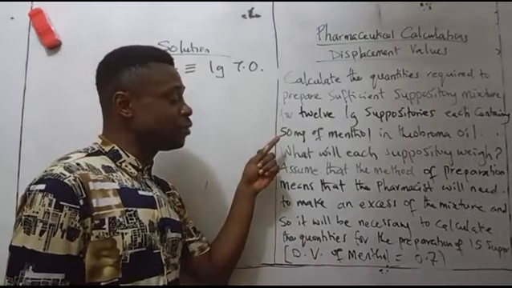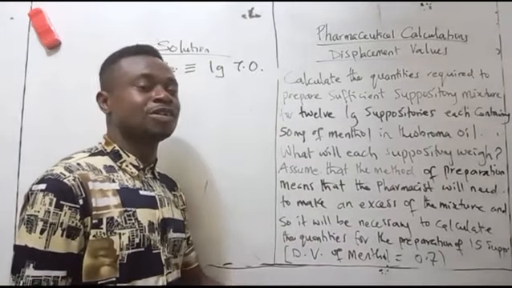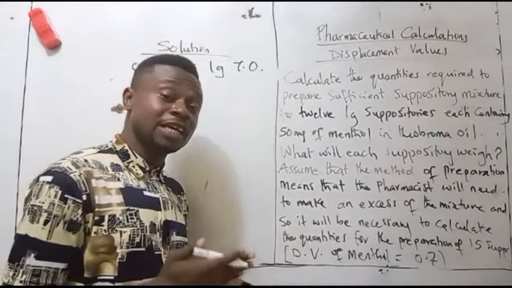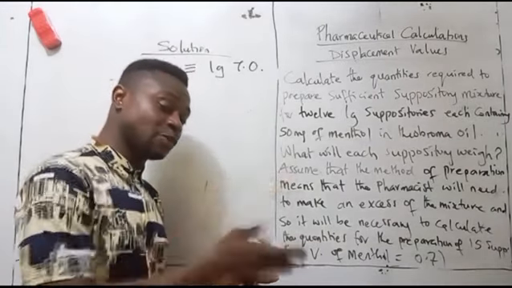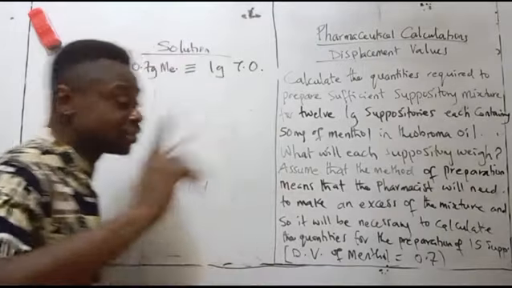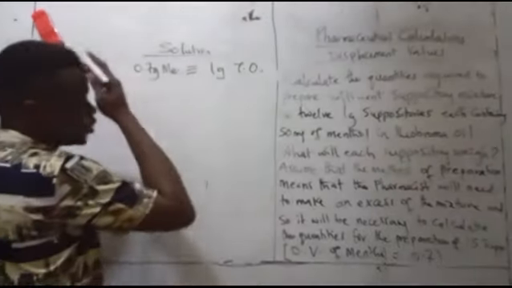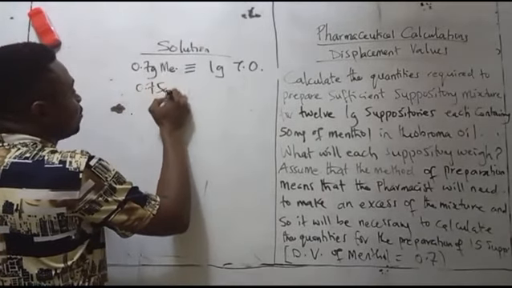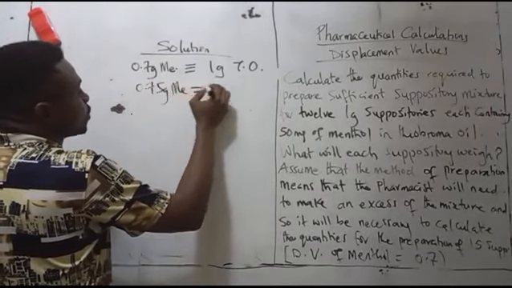If you multiply 0.05 gram by 15, it gives you 0.75 gram, because 0.5 gram times 15 is 7.5 gram. So 0.75 gram of menthol will give us X of theobroma oil.